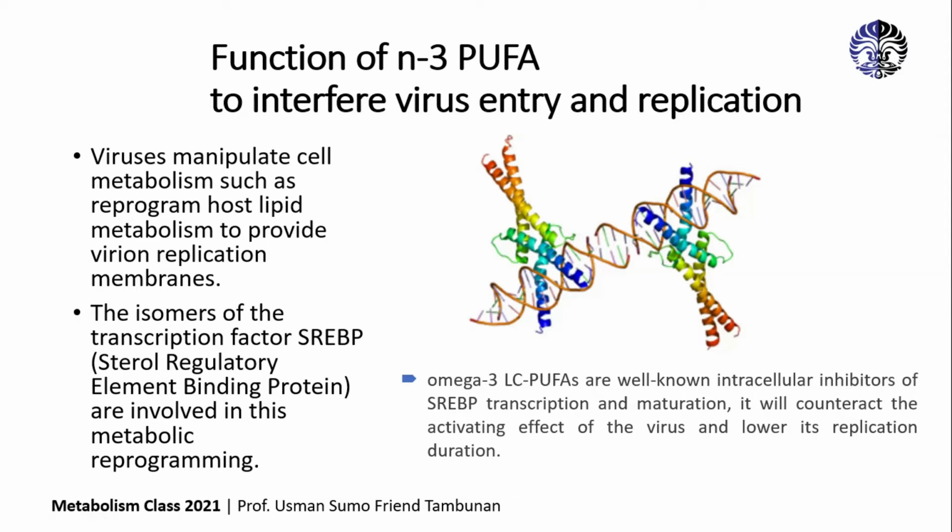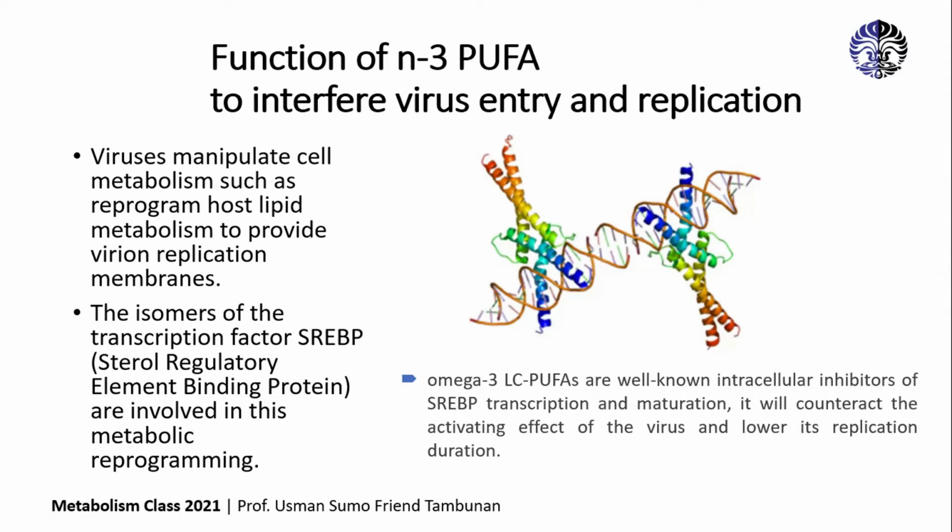The isoforms of the transcription factor SREBP, the sterol regulatory element binding protein, are involved in this metabolic reprogramming. And omega-3 LCPUFA are well-known intracellular inhibitors of SREBP transcription and maturation. So it will counteract the activating effect of the virus and lower its replication duration.